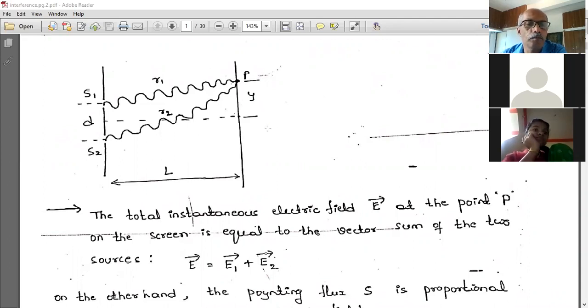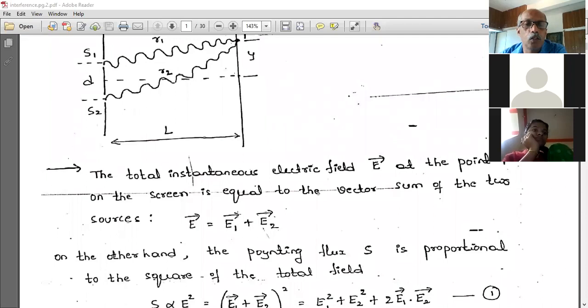Now, the total instantaneous electric field at point P on the screen. At point P, we are measuring the net electric field at any instant of time due to the fields of sources S1 and S2.